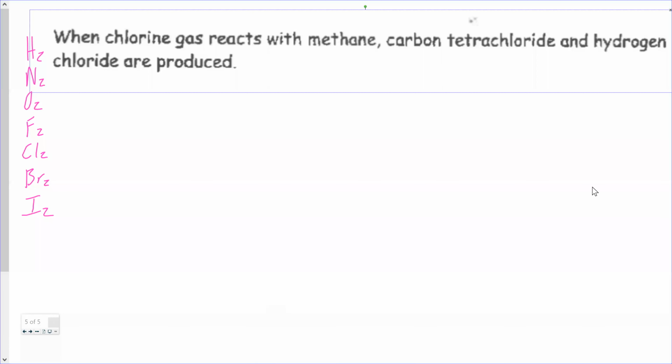Let me copy and paste that sentence really quickly. All right, so this was number 4. It says when chlorine gas reacts with methane, carbon tetrachloride and hydrogen chloride are produced, okay?